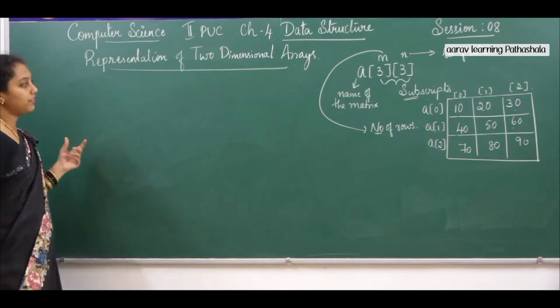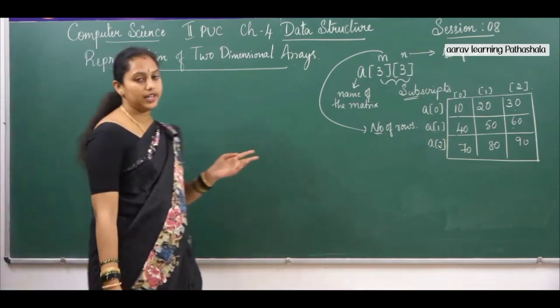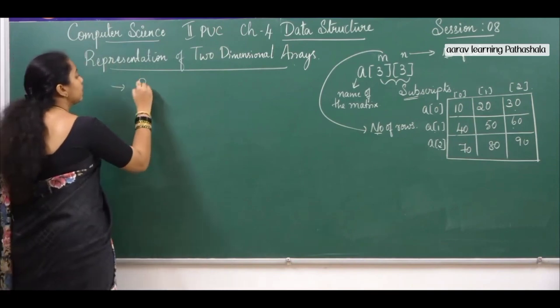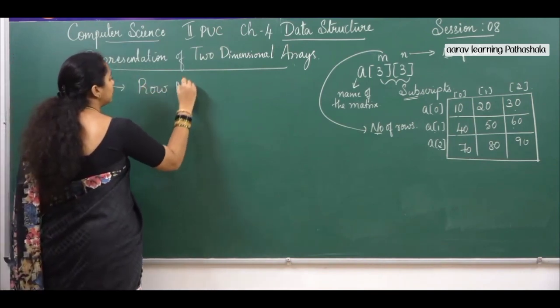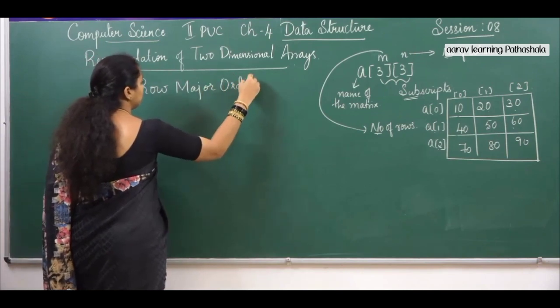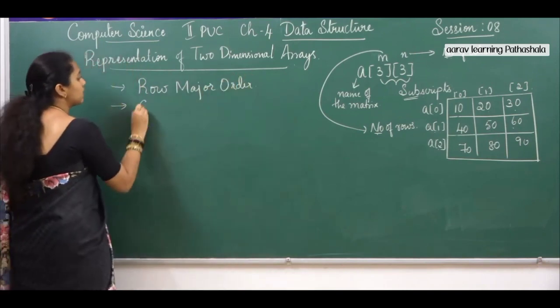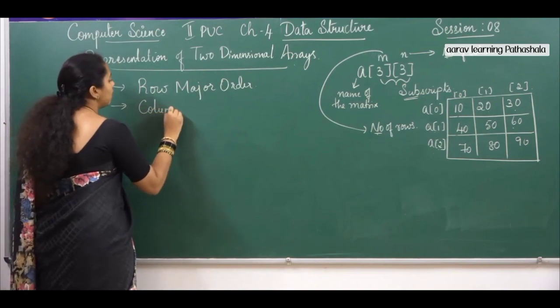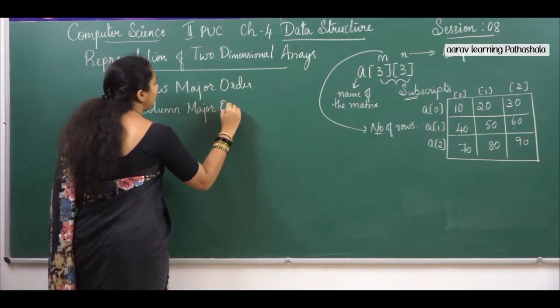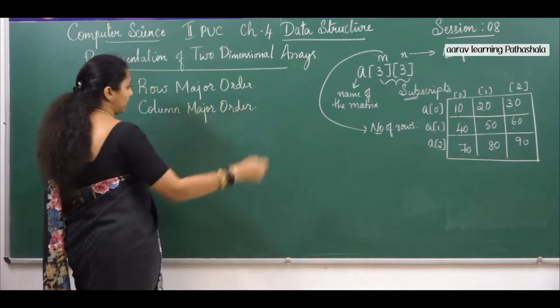Here we can represent the two-dimensional arrays in two ways. The first one is row major order and the second one is column major order.